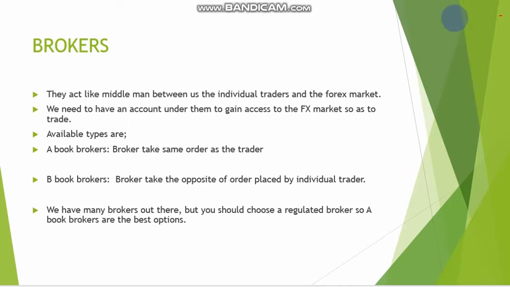So, what A brokers do is that they take the same order as the trader. That means if you are buying a particular pair, let me say USD CAD, the broker is also buying the USD CAD. But B brokers take the opposite order placed by you, the individual trader.